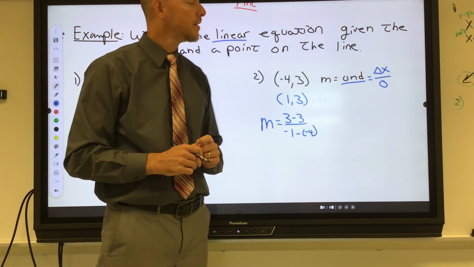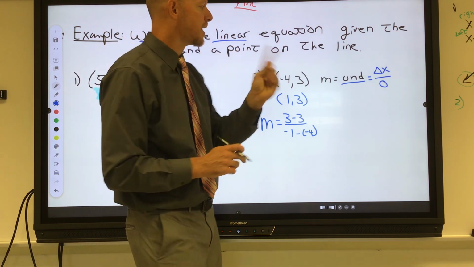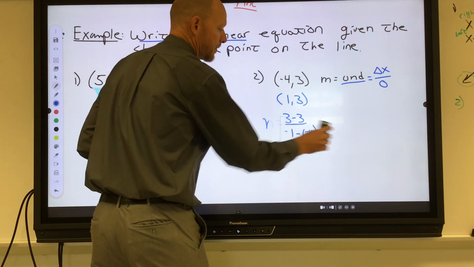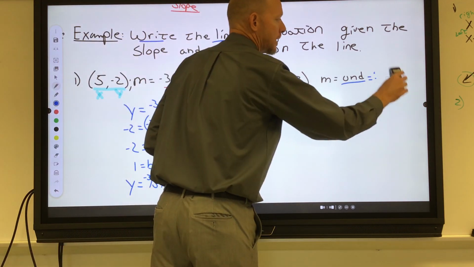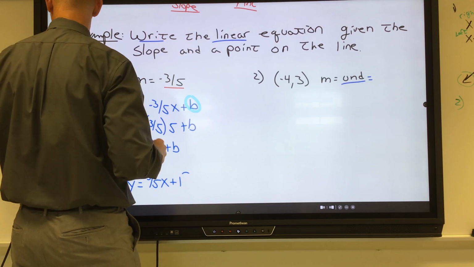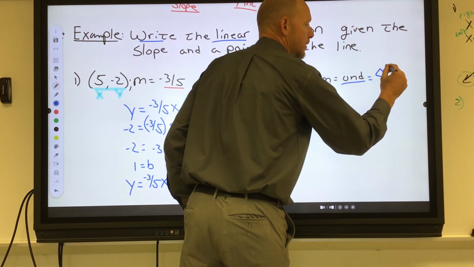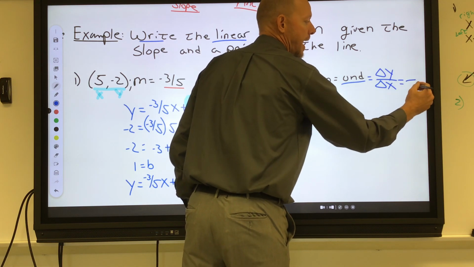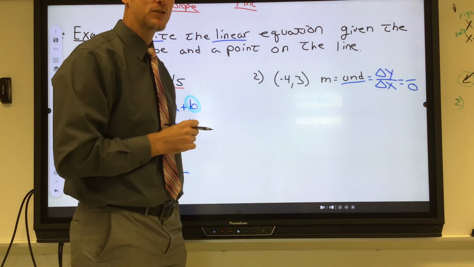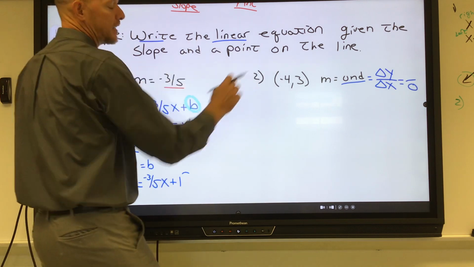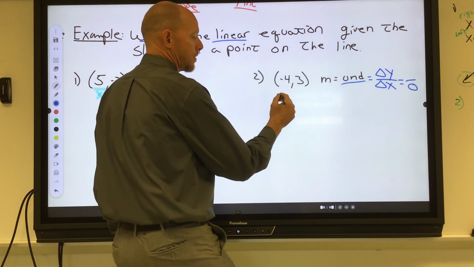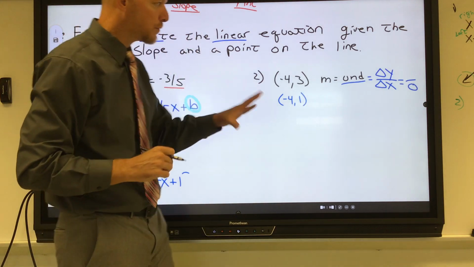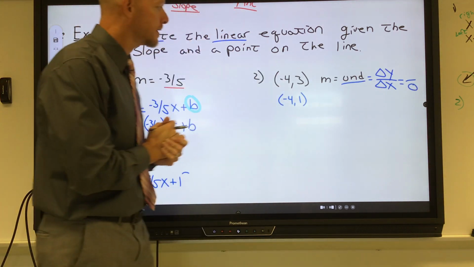But wait a second, that's not necessarily correct, because our slope equation isn't change in x over change in y. It's the change in y over the change in x. Therefore the x change must not occur, so my x values would have to be the same. That means I'd have a negative 4 and then just make it 1. Without doing all the math, we would see that that would still be consistent.